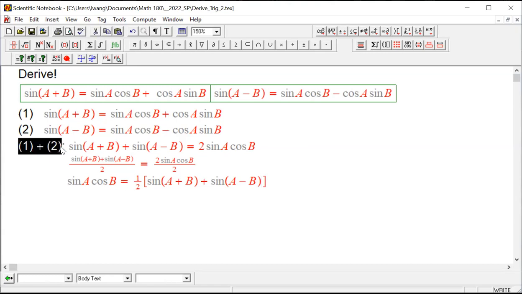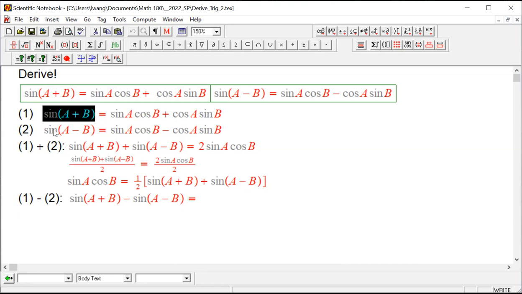Now if we do identity number 1 subtracting identity number 2, we will have sine of A plus B subtracting sine of A minus B. The top subtracts the bottom.